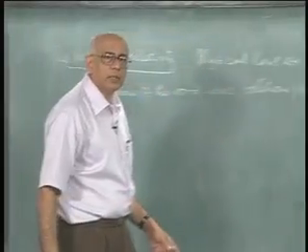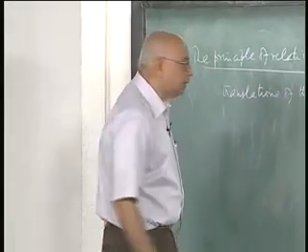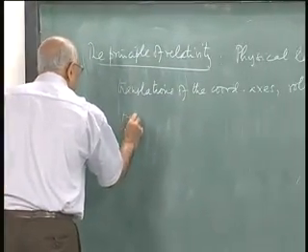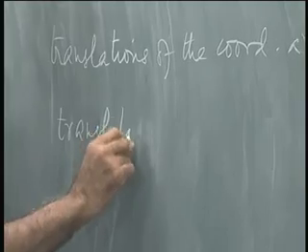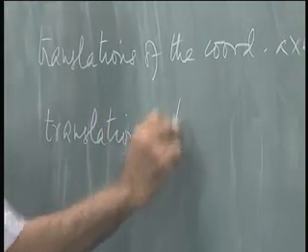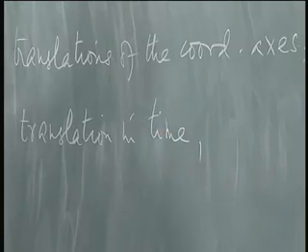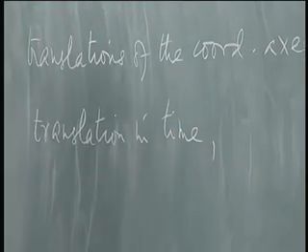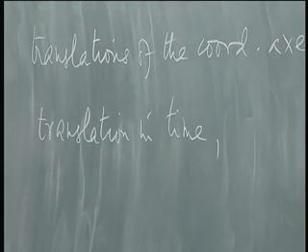translations of the coordinate axes, rotations of the coordinate axes, translation in time, in other words a shift of the origin of time. This is what I mean by translation in time.